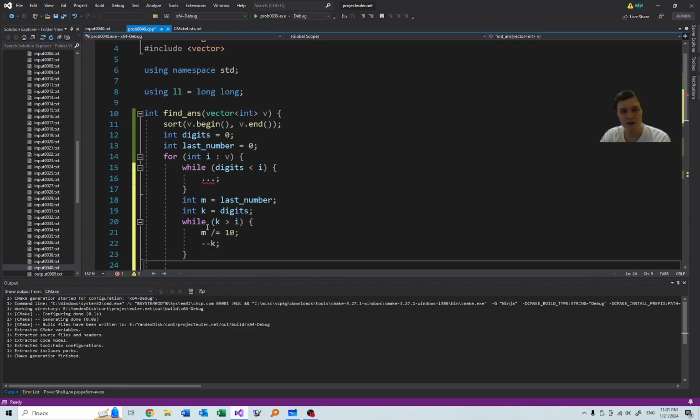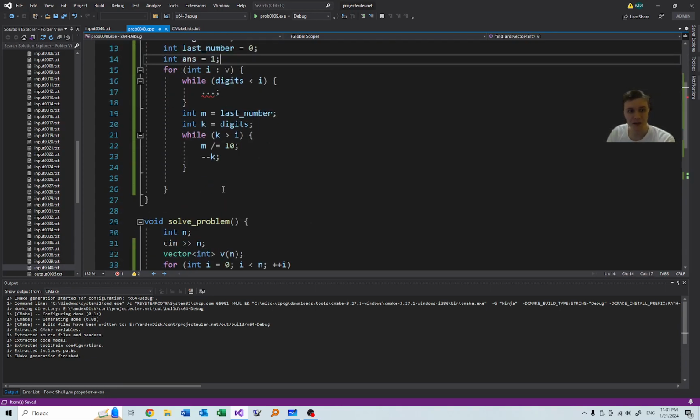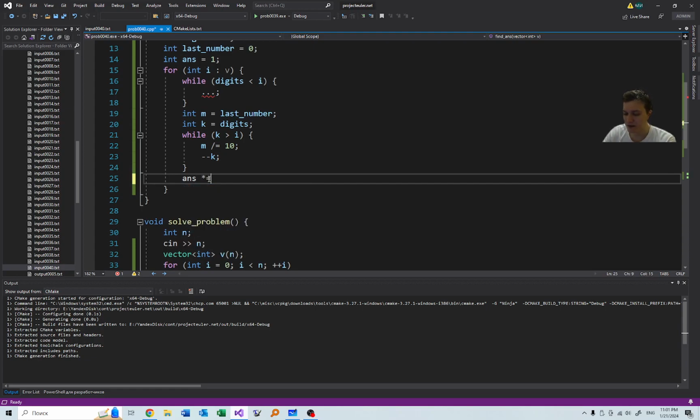So now k equals I, and this means that the number m, its last digit is what we need. We also store uns, and we can multiply uns by m%10, and we return uns.